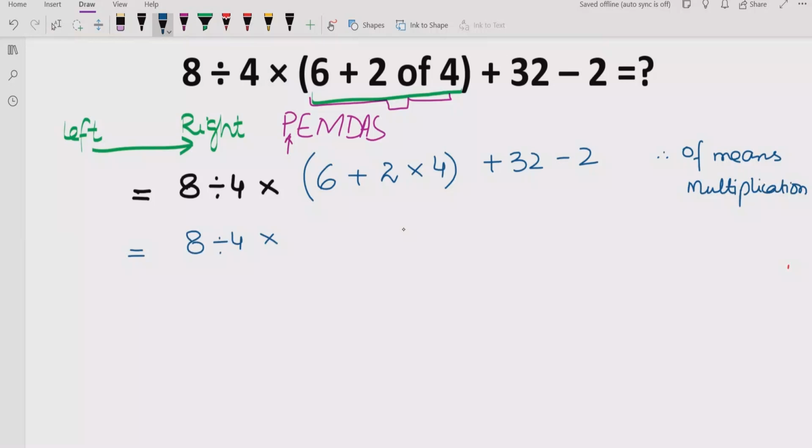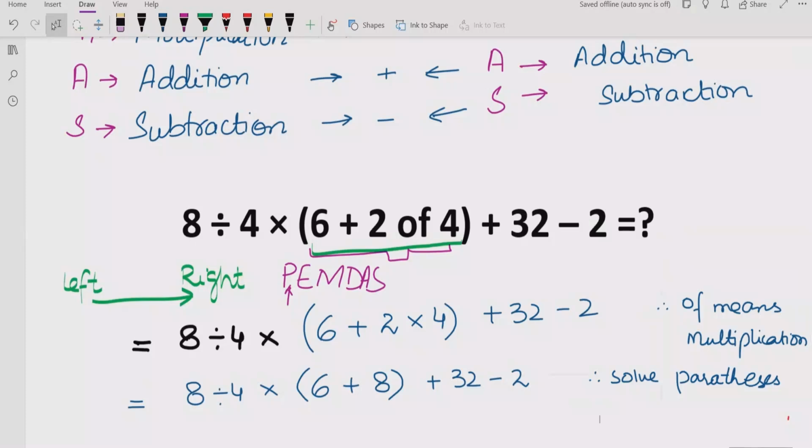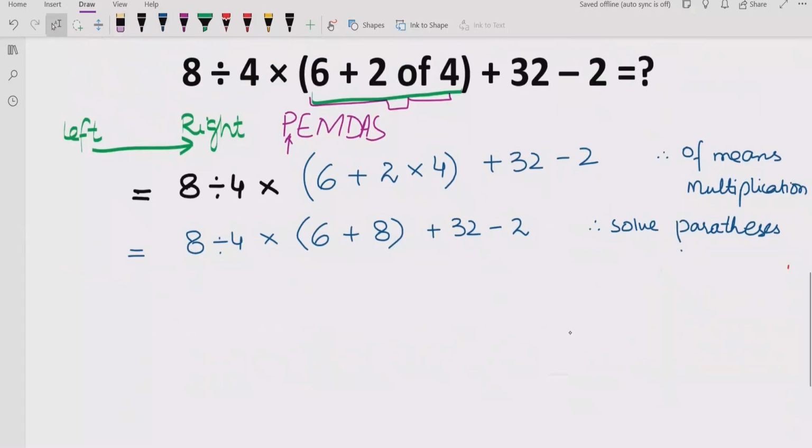And now we will solve this parenthesis. This one is 6 plus 4 times 2, plus 32 minus 2. So here we solve the parenthesis first and multiplication. Now again we apply the multiplication.